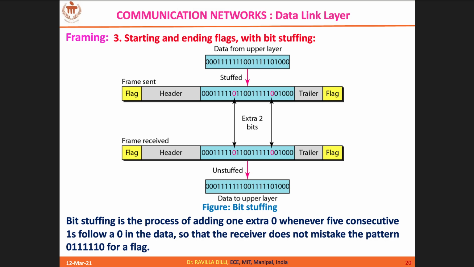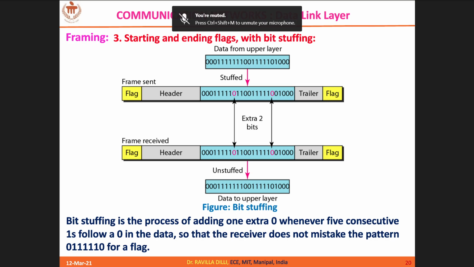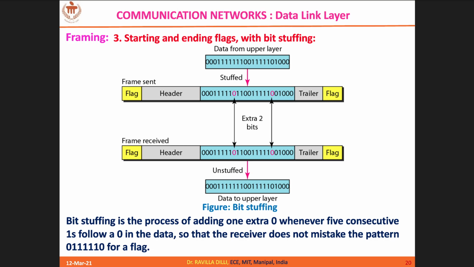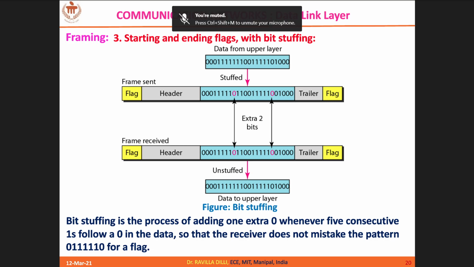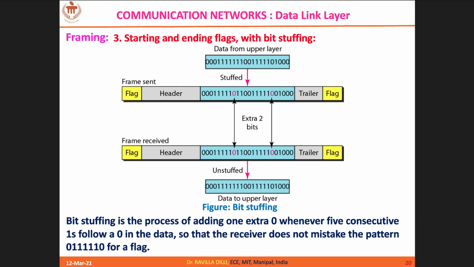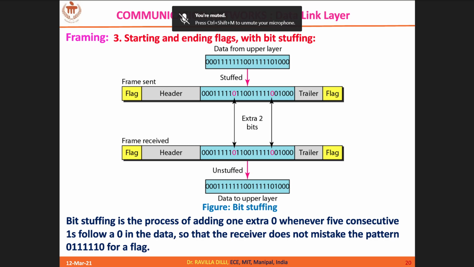I'll repeat it. In the user's data, you have a long bit stream of zeros and ones. Wherever you encounter continuous 5 ones, immediately the 6th bit should be a stuffed bit, which is 0. If you do this, you cannot find any continuous 6 ones in the user's data. If you find continuous 6 ones anywhere, it means that is a flag pattern. You got it?